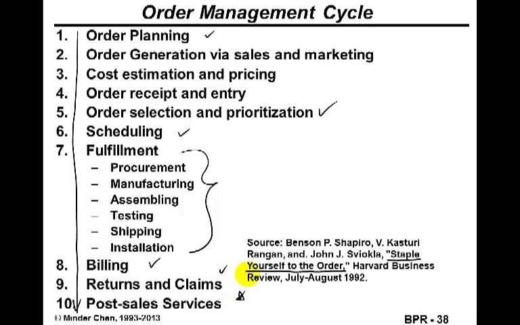This pretty much complete the whole cycle. A company would not exist without a customer, without customer's order. So it is critical that we take a look of our order management cycle as part of our re-engineering effort.